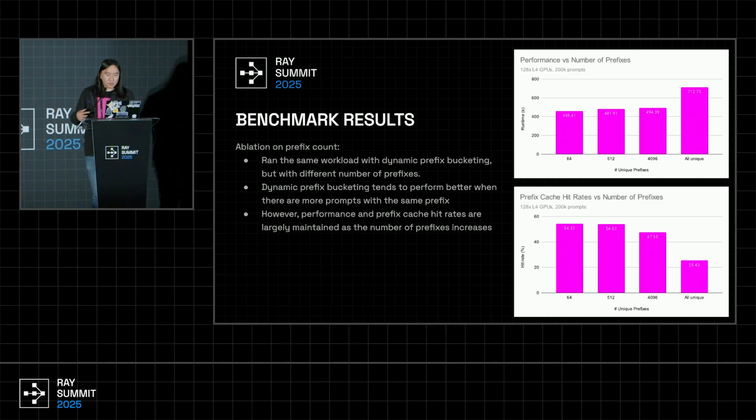Running this workload, we see that the dynamic prefix bucketing algorithm performs better when there are fewer unique prefixes, which makes sense because there's more prefix caching that you can leverage. But it's still able to maintain pretty good performance even as you increase the prefix count. Increasing from 64 to 4096, which is 64x the number of unique prefixes, we're still able to achieve very similar performance, within about 10%.